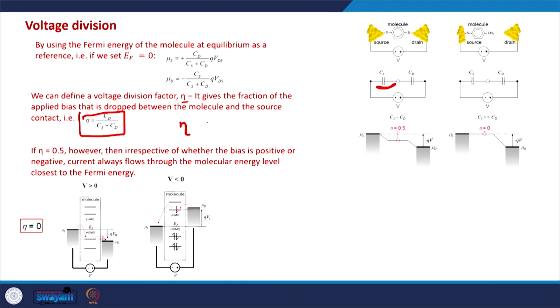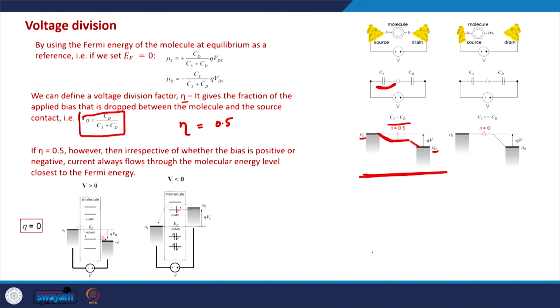In that case, eta will be half, which means that half the voltage drops across the source-molecule interface and the other half drops across the molecule-drain interface. So if there is an applied voltage, mu_S is the source Fermi level, mu_D is the drain Fermi level, E_F, the Fermi level of the molecule, is here, and when eta is half, half of the voltage drops across the source-molecule interface, and the other half drops across the drain-molecule interface.